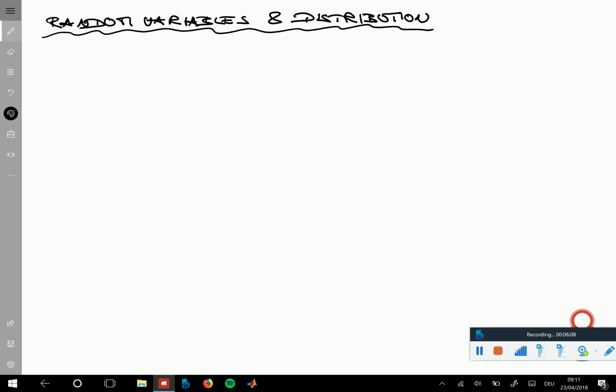I think the best mnemonic to study and memorize what a random variable is, is to memorize that a random variable is neither random nor a variable.